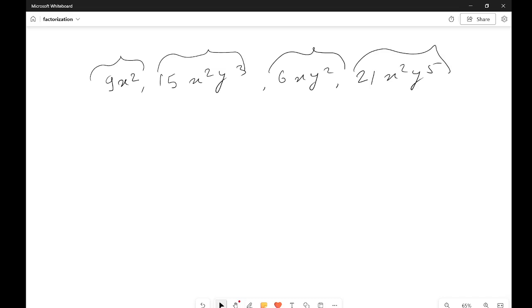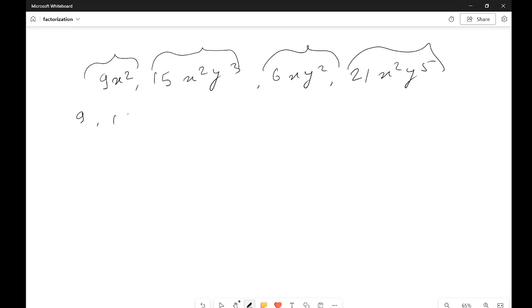Just like in the previous questions, we have two parts, constant and variable. Let's first figure out the constant part. 9, 15, 6 and 21, right? This is not 27, this is 21.